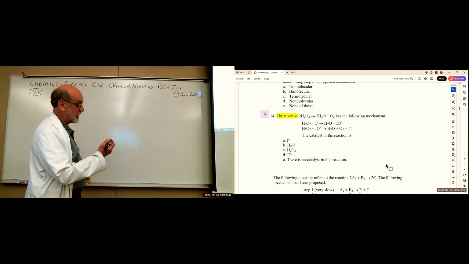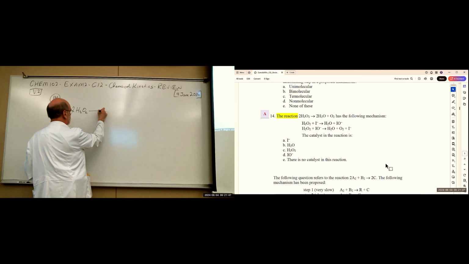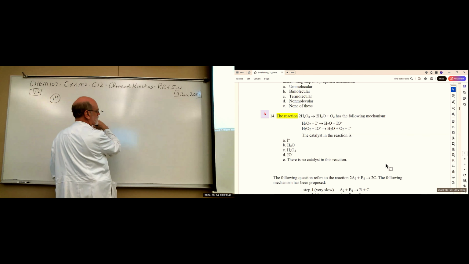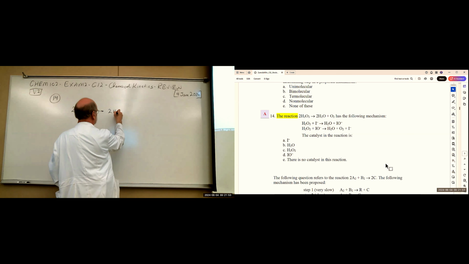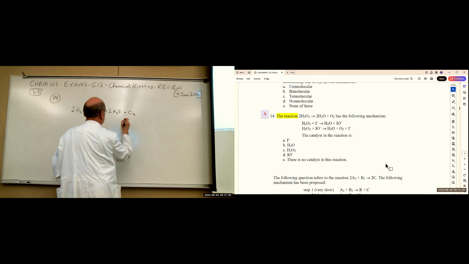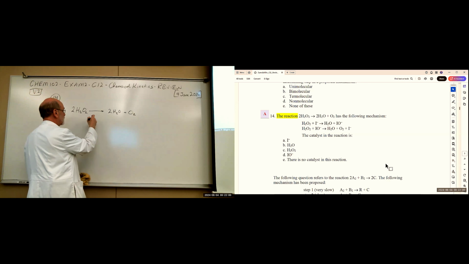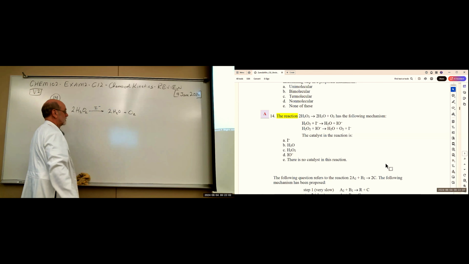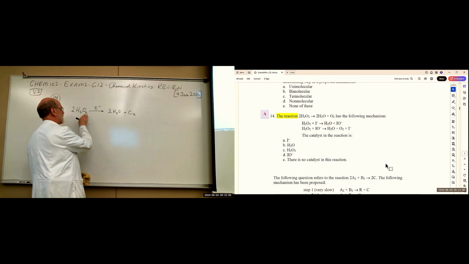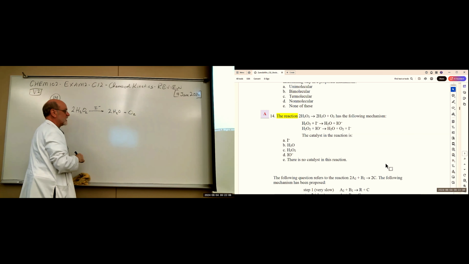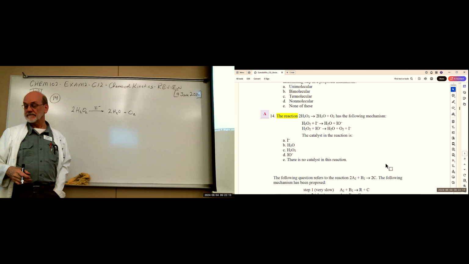If we write the equation out, this decomposition gives us water and oxygen. If we do put iodide in there, we put it here. It's not considered in the overall reaction, but it is part of the mixture and it does accelerate the reaction.